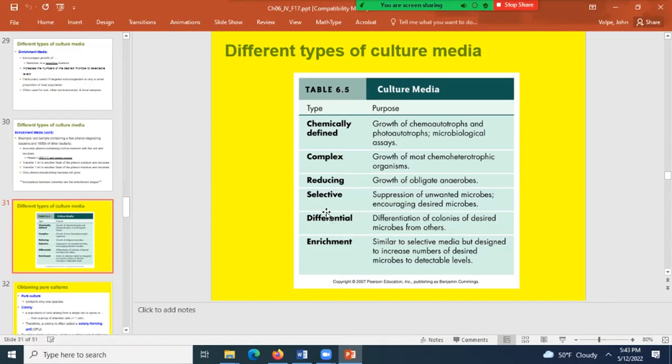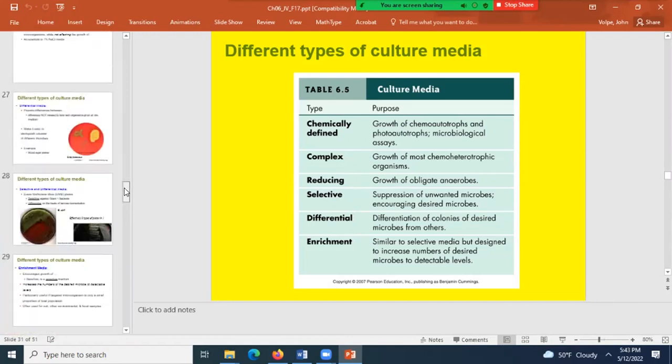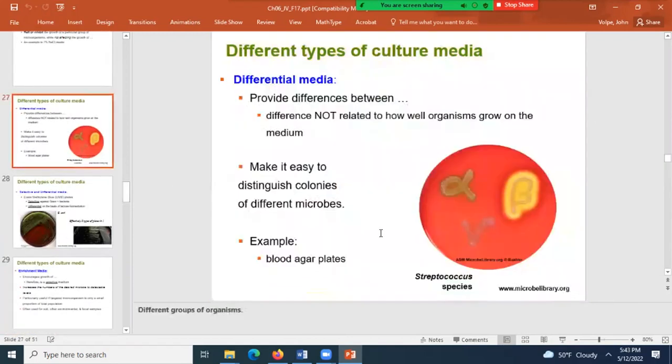We mentioned there's selective and differential media, and then I showed you blood agar, right? Well, this is both a differential media, but it is also an enriched general purpose media, meaning an enriched media.